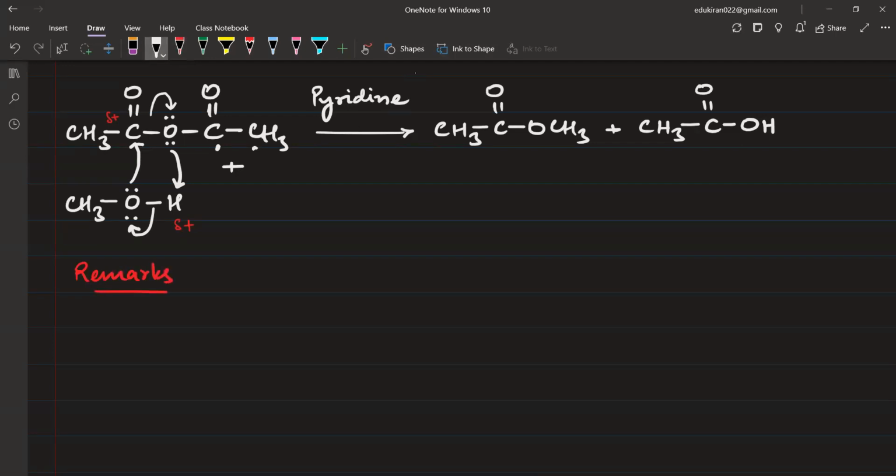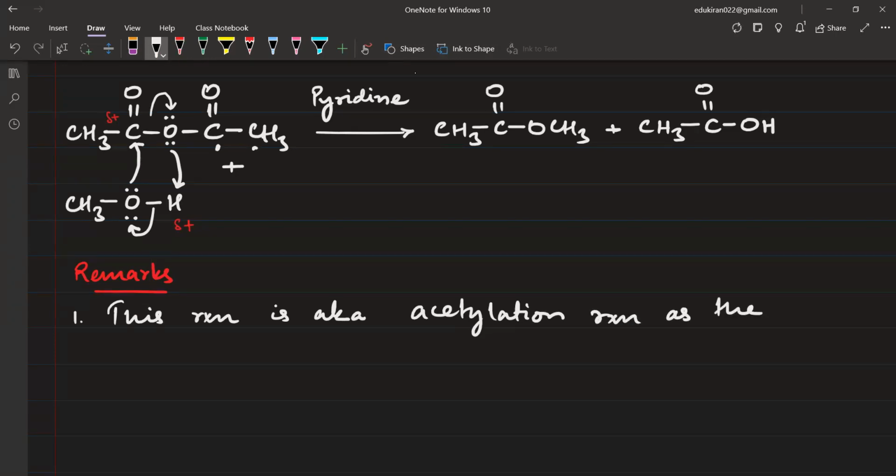The remarks are the first point. This reaction is AKA, also known as acetylation. Acetylation reaction. As the reaction introduces this group, it is known as the acyl group.